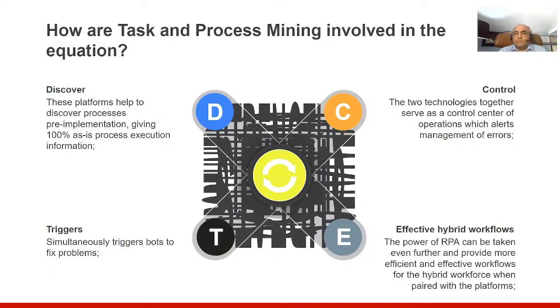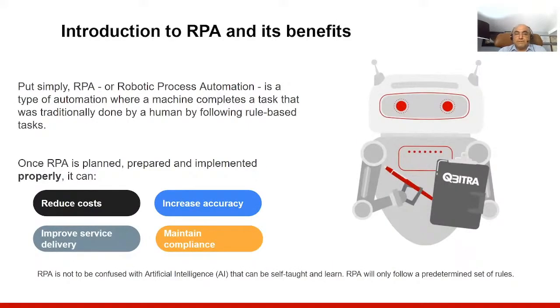We don't want to manage issues after they occur. Proactively, before any issues, we have to understand and manage the processes. And the other point is that triggers are very important. The systems help us and trigger if any issue or control point happens. So the benefits are clear: increased accuracy, maintenance of complex processes, improved service delivery, reduced costs. You can find these in each RPA.